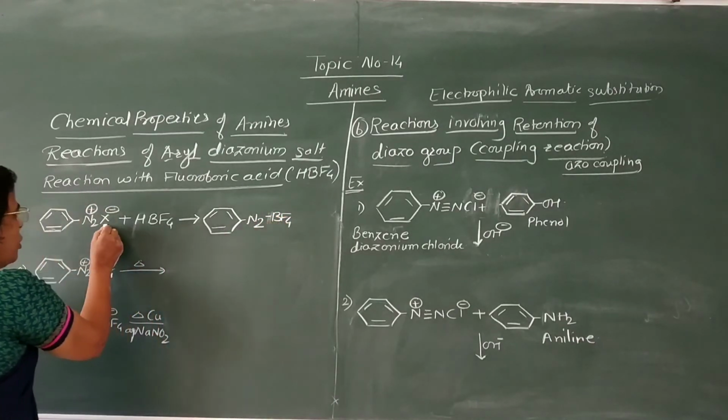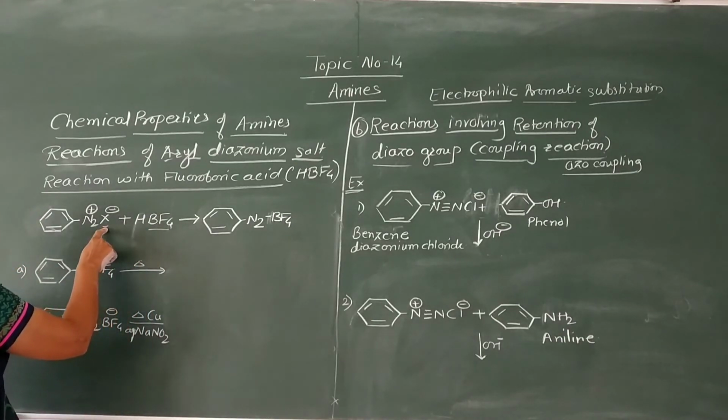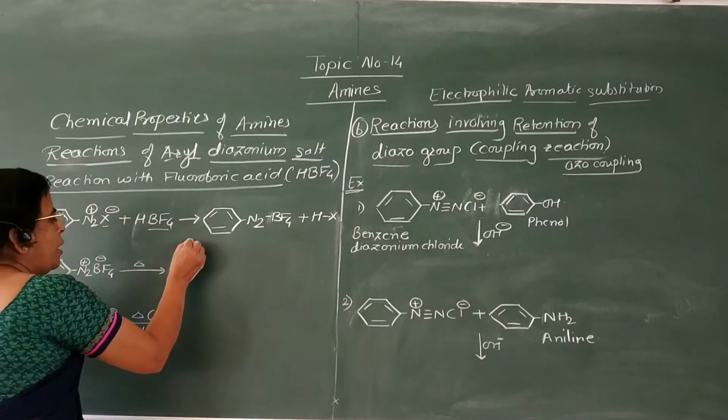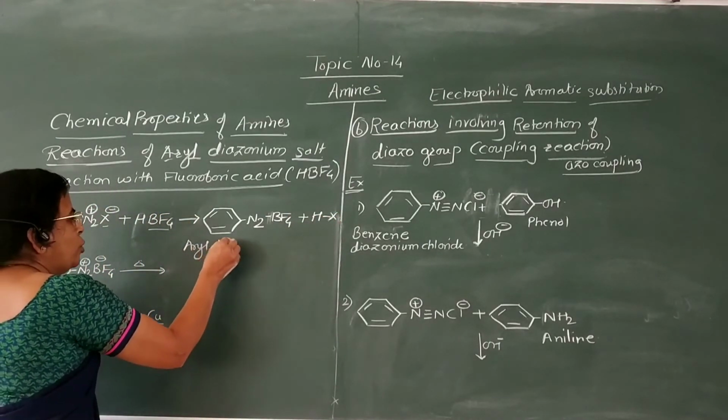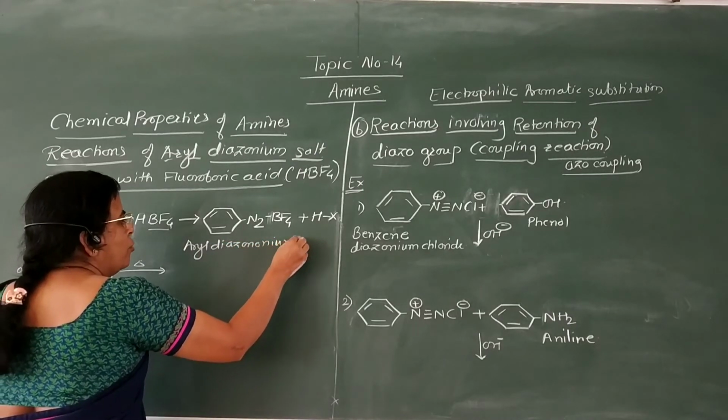That is, this halogen atom is replaced by this BF4 and this hydrogen gets attached to this X to form HX. This is aryl diazonium fluoroborate.